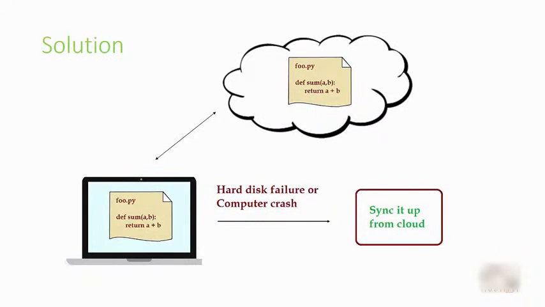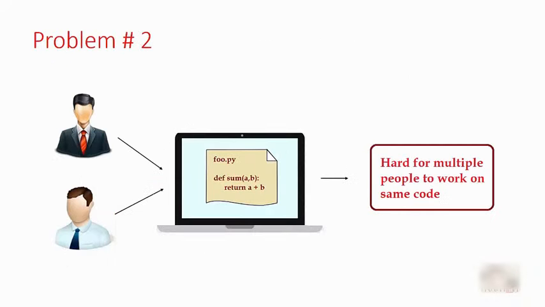And it is guaranteed that you will never lose your code from cloud. So you store your code on the cloud and then you sync the files to your local computer. That way, if you have hardware problem or some computer breakdown, you can always get your code back from the cloud. So problem number one fixed.